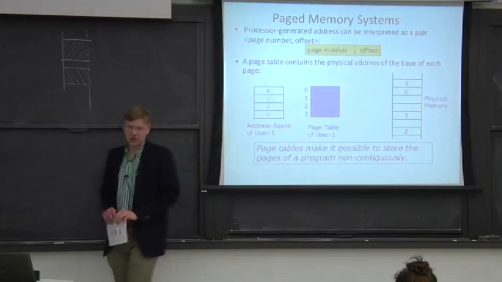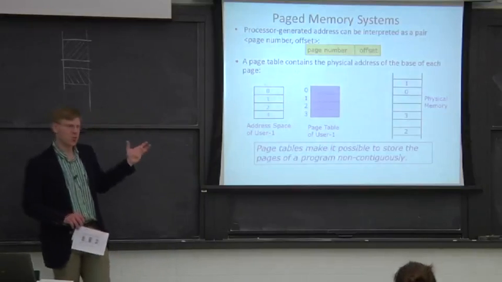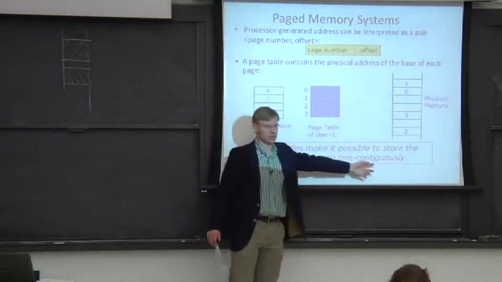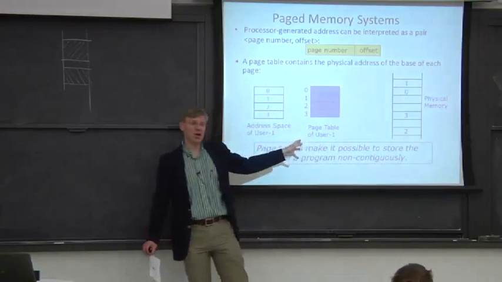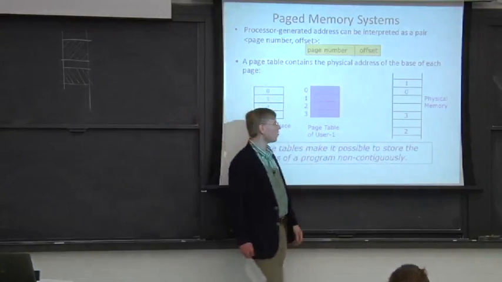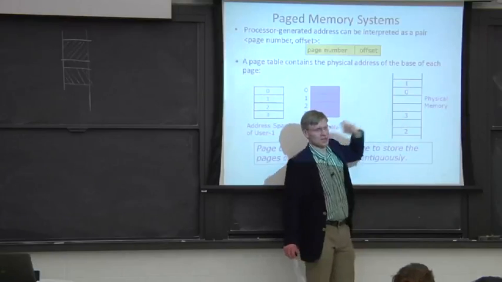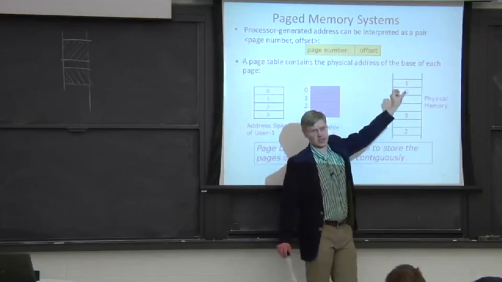But really what happens here, this page table allows us to take a contiguous set of memory addresses and map them into a non-contiguous space. Now, this can really get away from having fragmentation. Because all of a sudden, the most amount of memory we can be wasting is the size of a page.